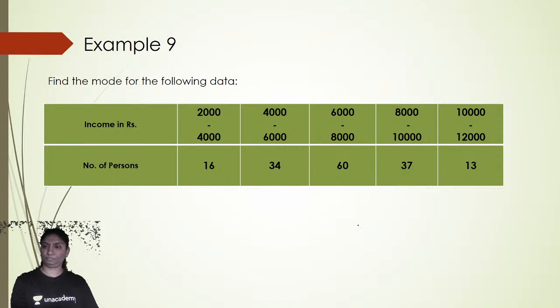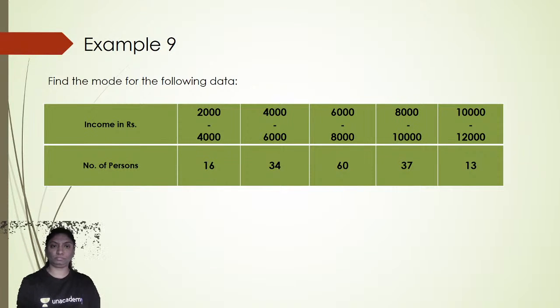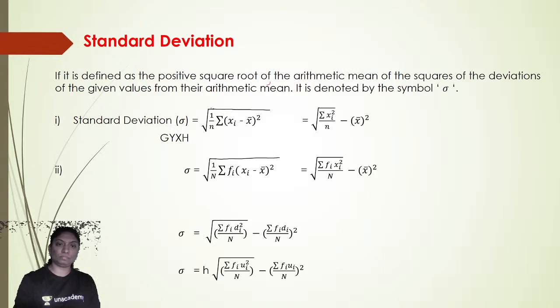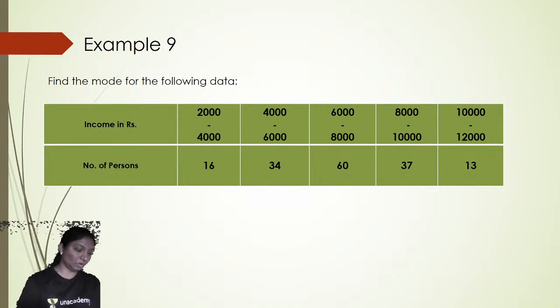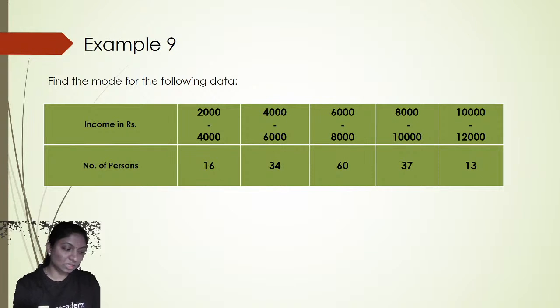Now see, to calculate the mode of this, here the variable is income in rupees and frequency is the number of persons.